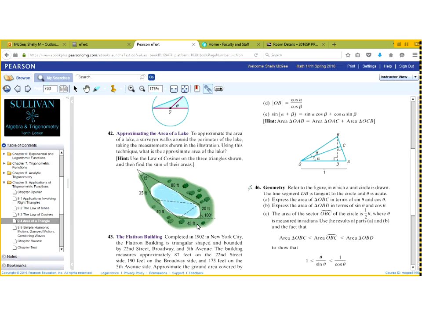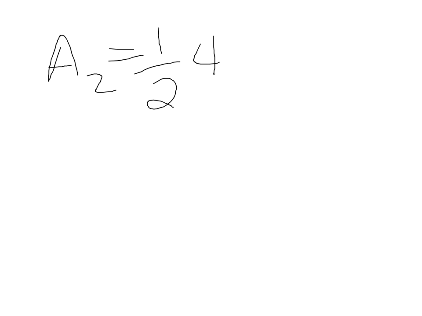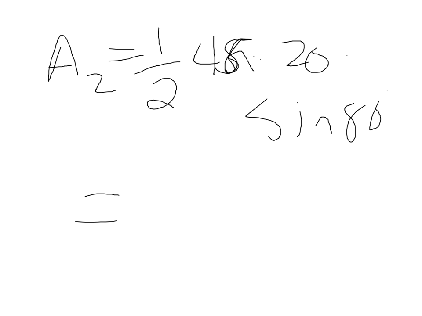So we're going to again use this 1/2 AB sine gamma formula. And so area 2 is 1/2 times 45 times 20 times sine 80 degrees, and that result is 443.16.